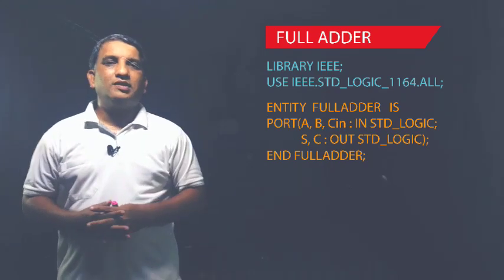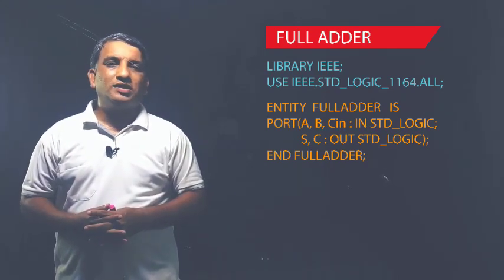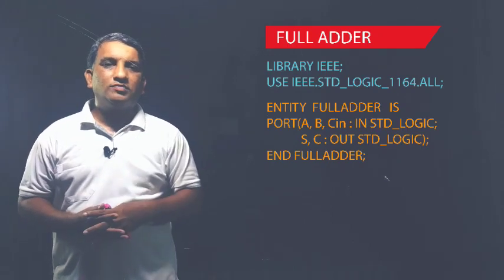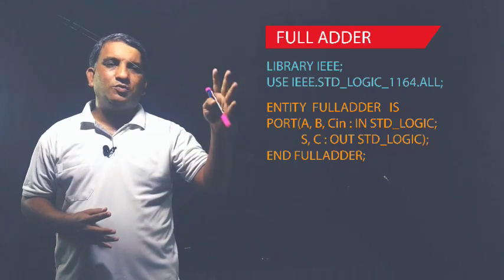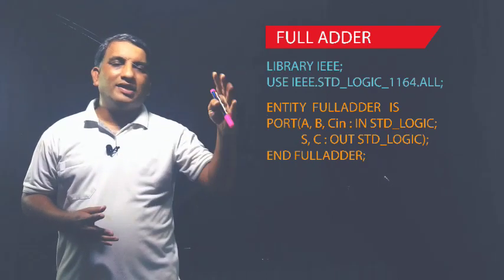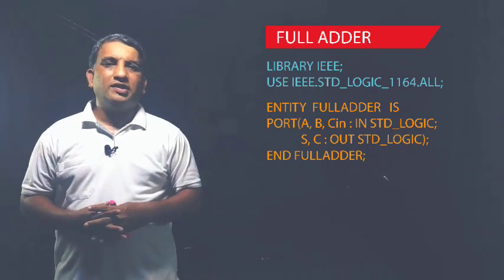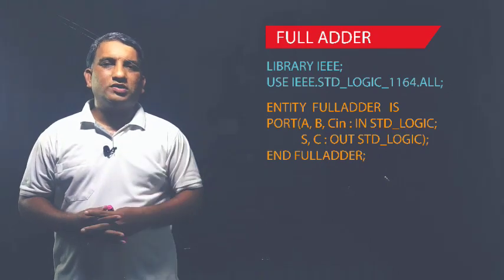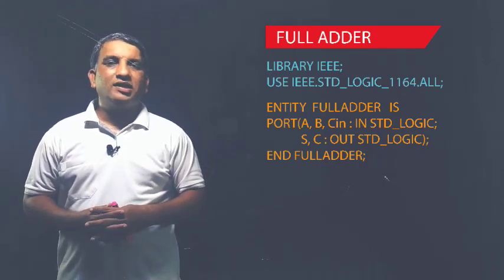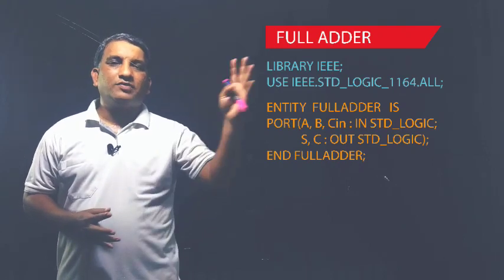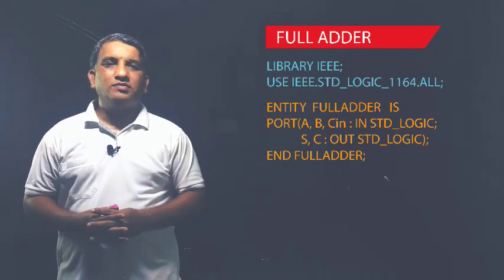Then I will separate the ports from the mode by using a colon. I will write the in keyword because all these 3 ports are inputs, and then I will write the data type. The data type is std underscore logic. The values 0 and 1 are there inside the std underscore logic data type. Then after it I will put the semicolon.